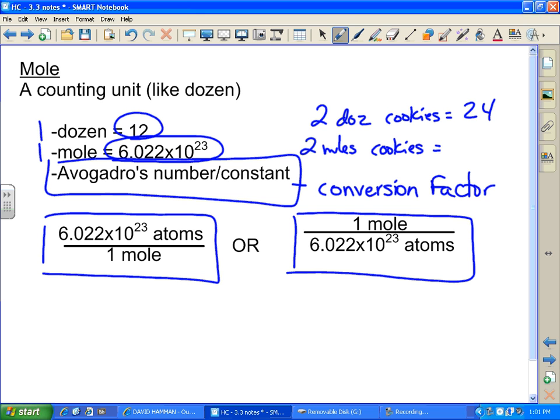So as with any other conversion factor, we treat it as a numerator and denominator, we try to solve the problem, and so on and so forth. Make sure you know you can store Avogadro's number in your scientific calculator. Usually we store it as a shortcut of alpha A. That's something that could be discussed at a later time.